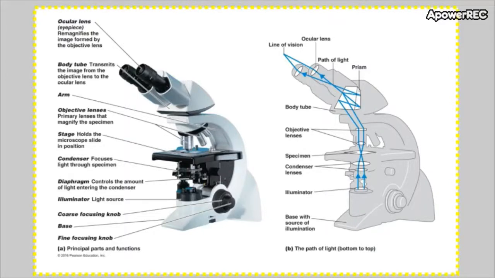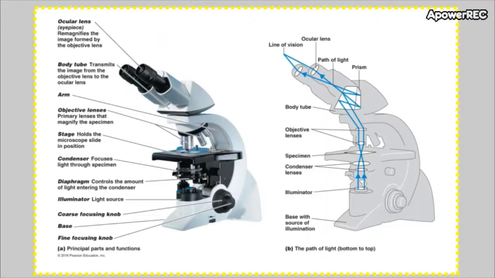There are many components to the light microscope, and the exam might have a diagram somewhat similar to this, and you might need to fill in the blanks. So we can do this many ways. We can start from the bottom where we have our focusing knobs. There's always a fine focusing knob and a coarse focusing knob. The coarse focusing knob, remember, is usually used to initially find the object, and then the fine focusing knob is used for fine tuning, for increasing the focus.